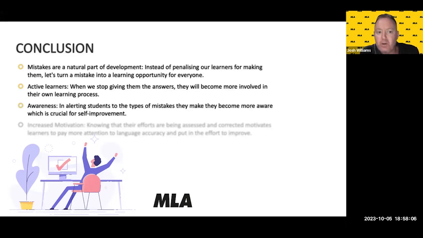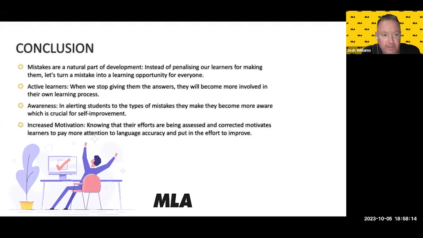Awareness, we're alerting students to the types of mistakes they make when they become more aware, which is crucial for self-improvement. Increased motivation too. Students want to be corrected. They know that their efforts are being assessed and corrected. It motivates them to pay more attention to language accuracy and put in the effort to improve.